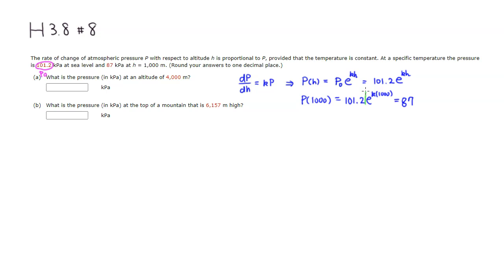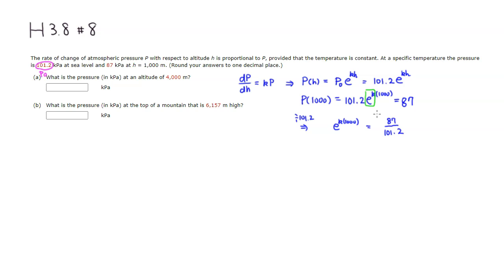Instead of solving for k, I'm just going to solve for e to the k. We can divide through by 101.2, which leaves you with e to the k times 1000 equal to 87 over 101.2.